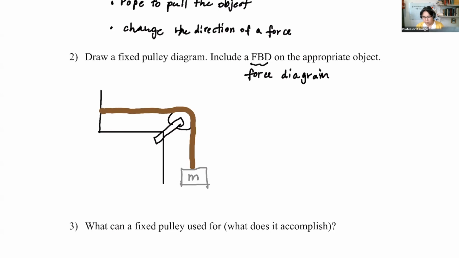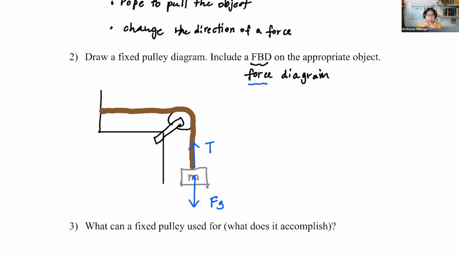So the force, we want to write a force diagram. There's always going to be a gravitational force vertically downwards, Fg. And in this case, this object is supported by the rope, with an upward tension force. And if it's the same rope, throughout the rope you're going to have the same tension force.